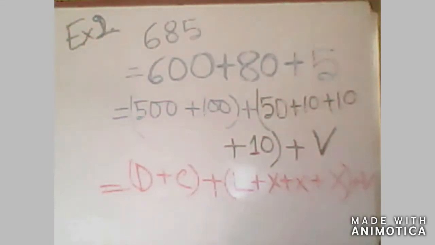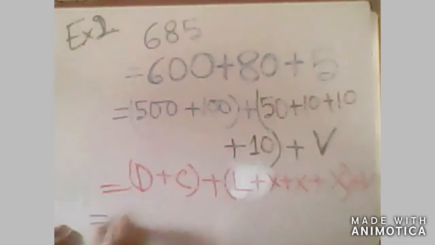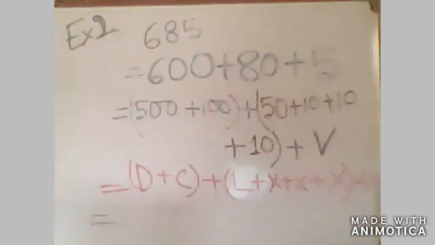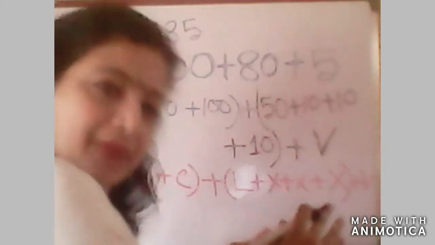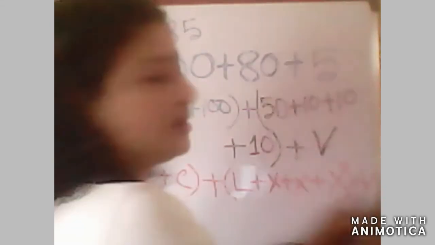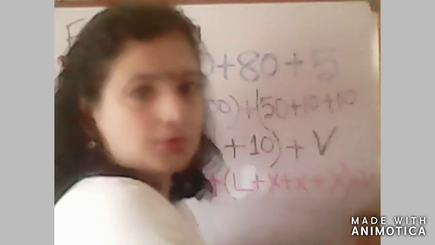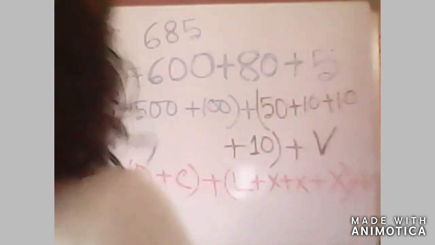And now D plus C, everything is plus, so there is no problem at all. We will just remove the plus sign and write them one after another. There is nothing we have to take on the left.